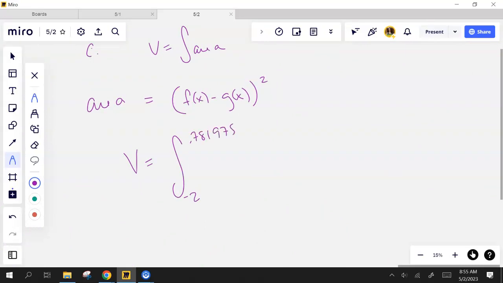Even if you just write B, because B's been defined as the intersection of the two graphs, I think it's okay. And then I'm going to do f of x minus g of x squared, don't forget dx.